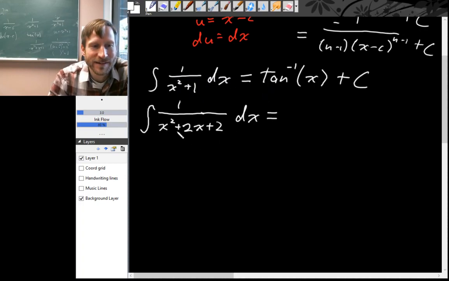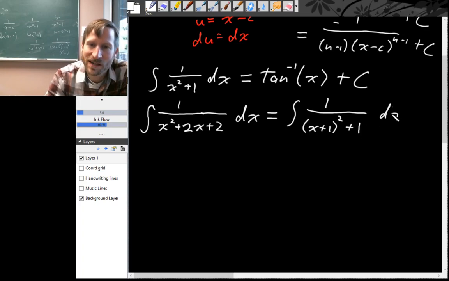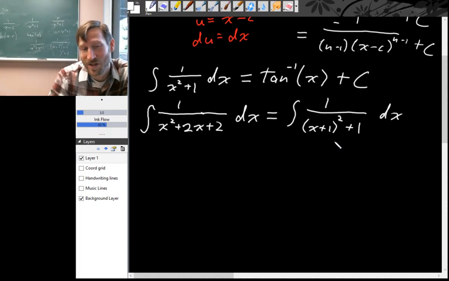And so if your idea is to end up with a denominator that's something squared plus a constant, hopefully that makes you think of completing the square. And if we complete the square in this denominator, we get 1 over x plus 1 squared plus 1. However you like to work out completing the square, this is what you end up with. Quick double check: x squared plus x plus another x plus 1 plus that one. Yes, okay, that's right.